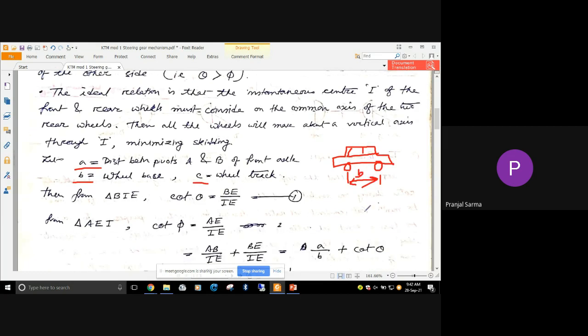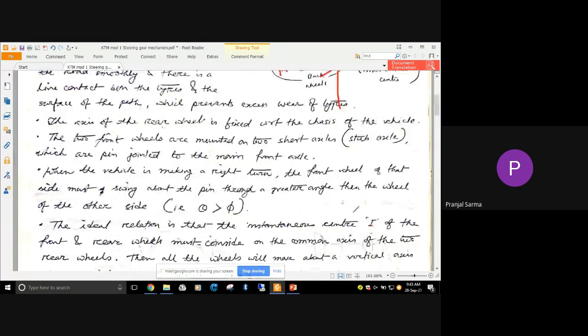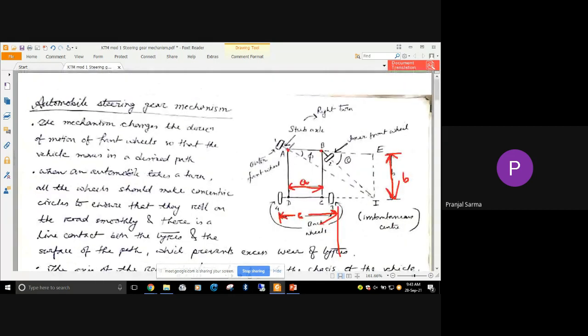Now from the back side, if I look at this car, it looks something like this, with the tail lights.